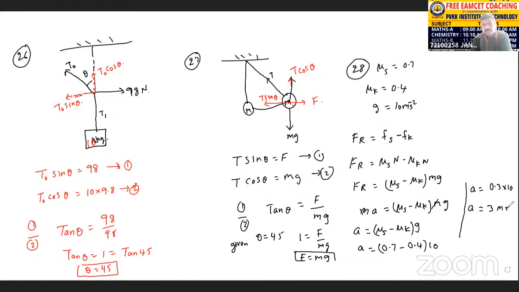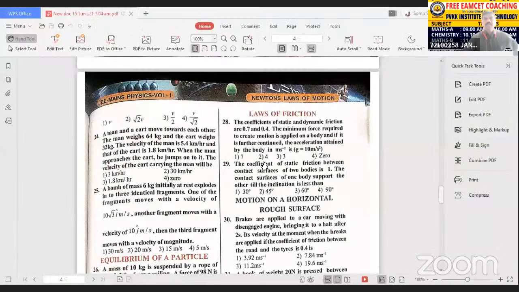What is the unit? Meter per second square. Yes, the third option is correct.